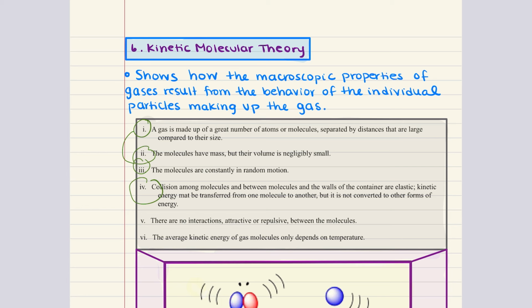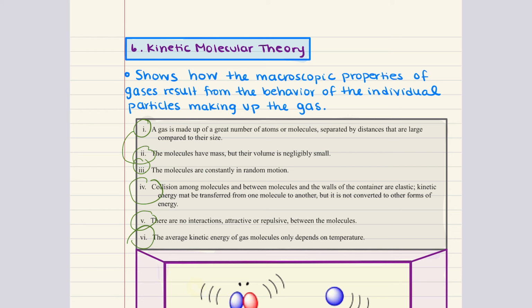The fourth postulate states that attractions between gas molecules are extremely weak and negligible. We can also say that gas atoms or molecules exhibit no intermolecular attractions or repulsions. And finally, the last postulate states that the average kinetic energy of gas molecules depends only on temperature.